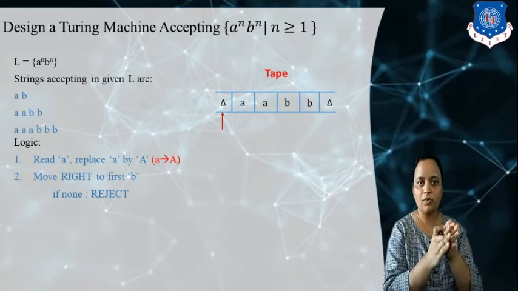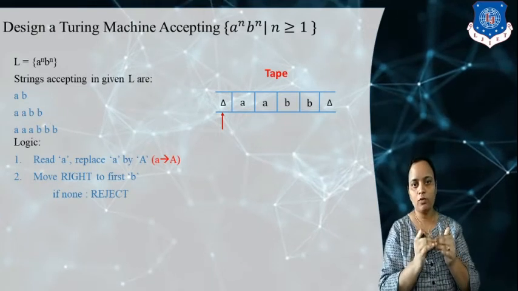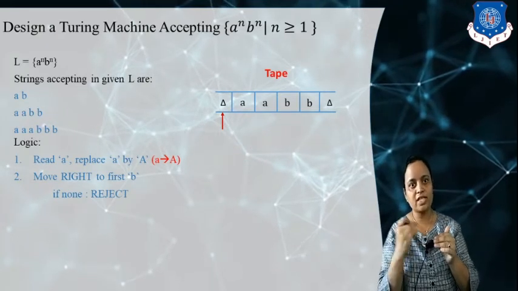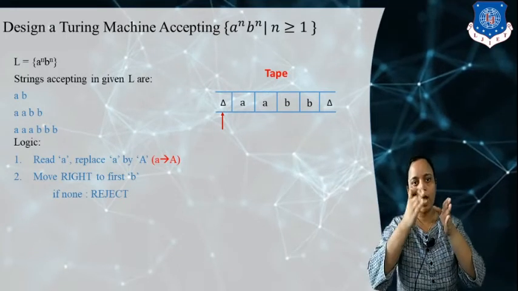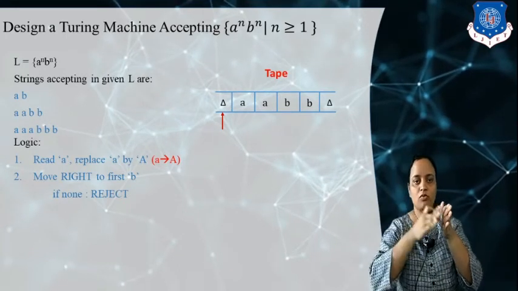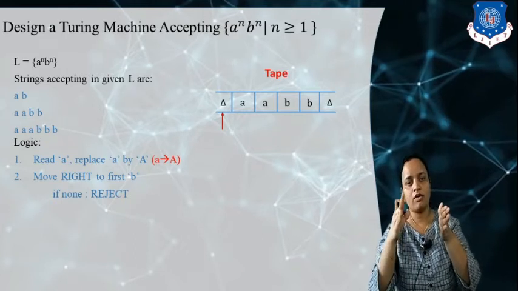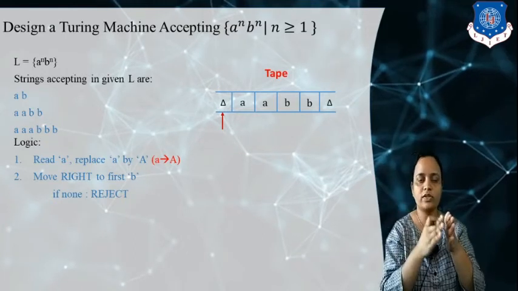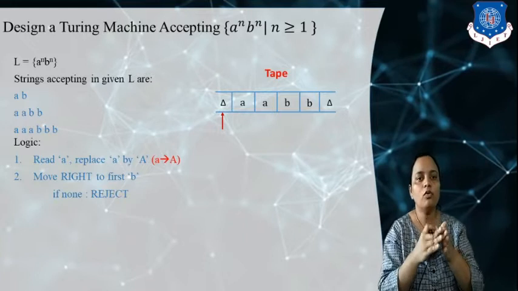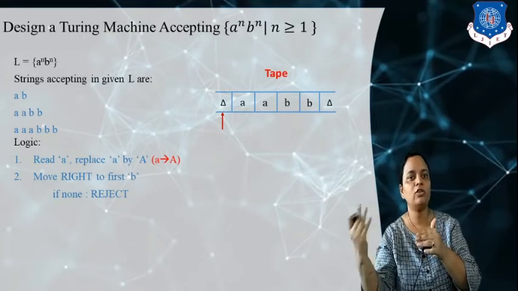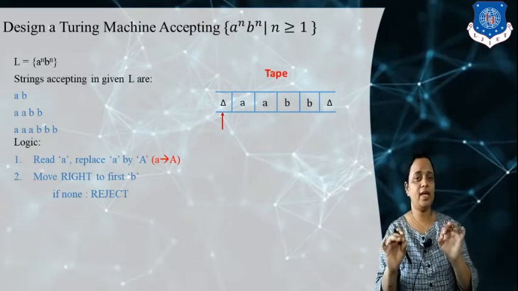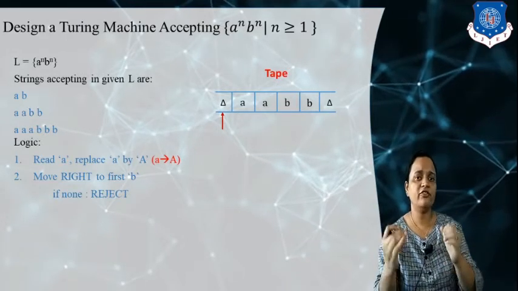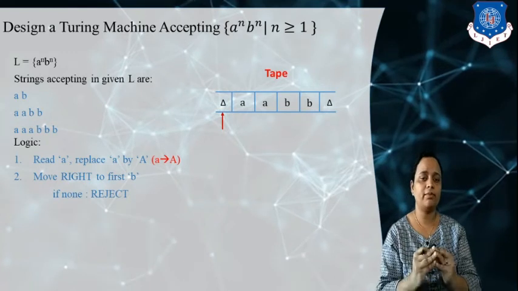Step number 2 is to move to the right side, because after a, b should appear. Where is b situated? On the right side of a. So step 2 says to move to the right and find the first b. If there is no b, we can simply reject that string. This is my step number 2.